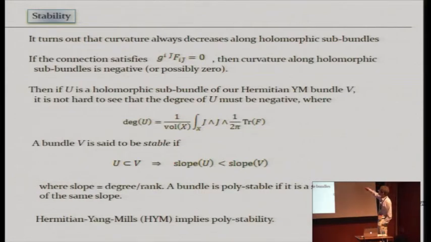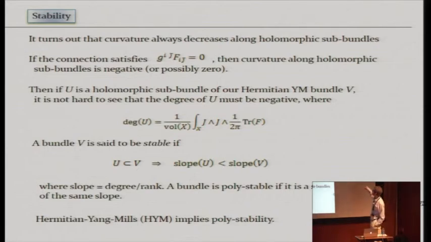Now let's see what this implies when the Kähler trace of F vanishes. So this is the Hermitian-Yang-Mills equations.